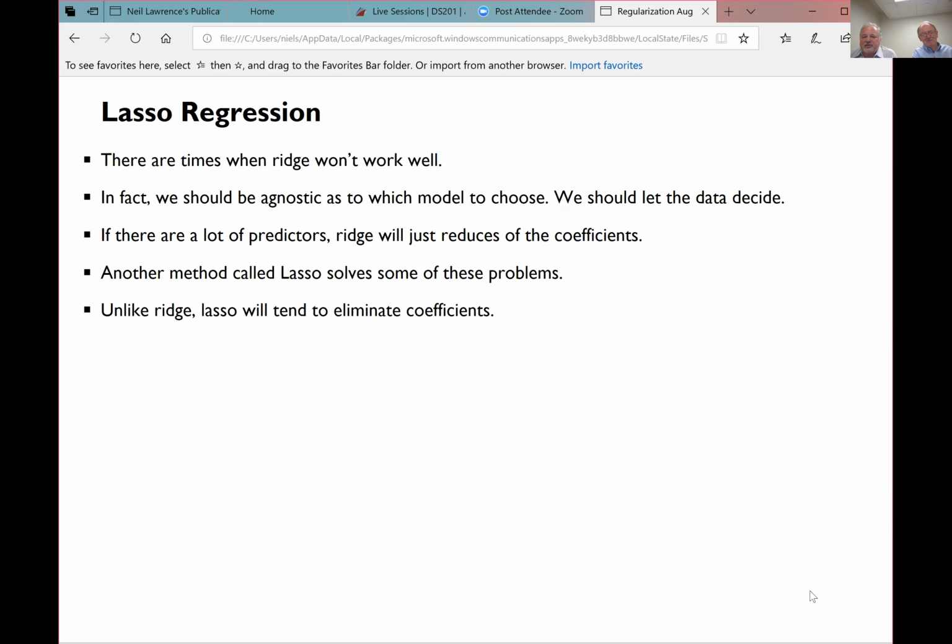There's another method called lasso that uses what's called the L1 norm. Unlike ridge, lasso will tend to eliminate coefficients. So when you run a lasso model, you expect a certain number of the betas to be 0. That can be useful if you have a bunch of variables and you're not sure which are important. You can use lasso to decide which variables you actually want to use.